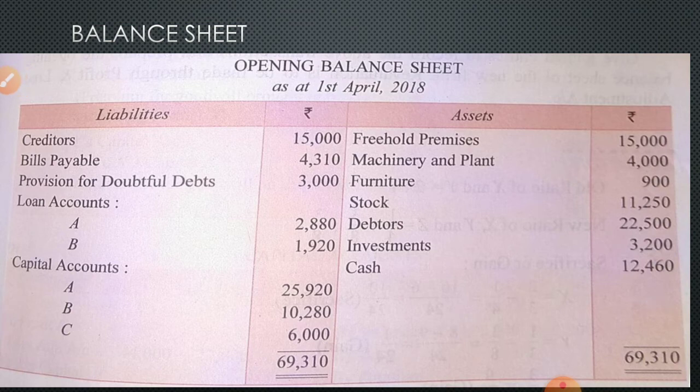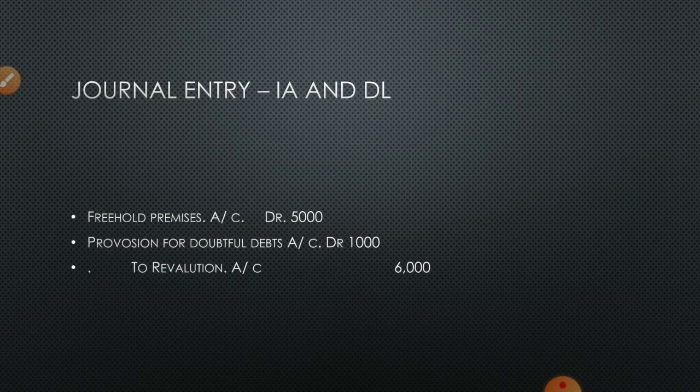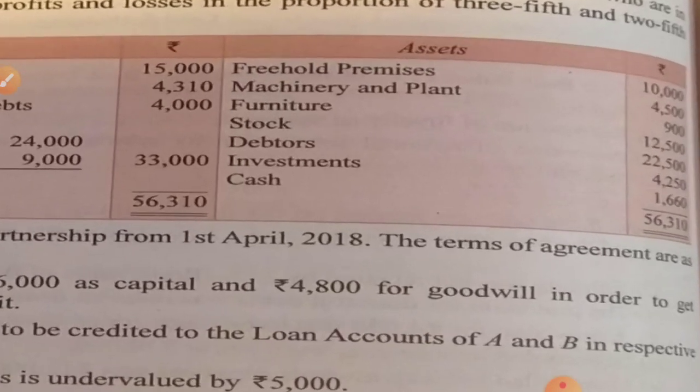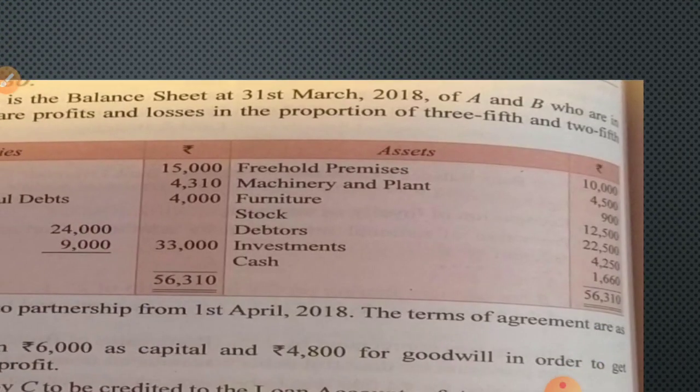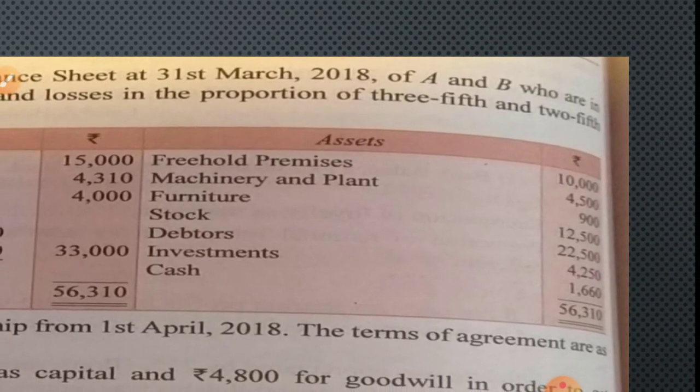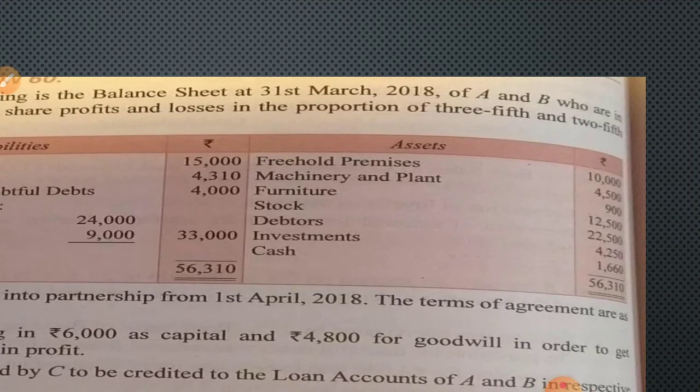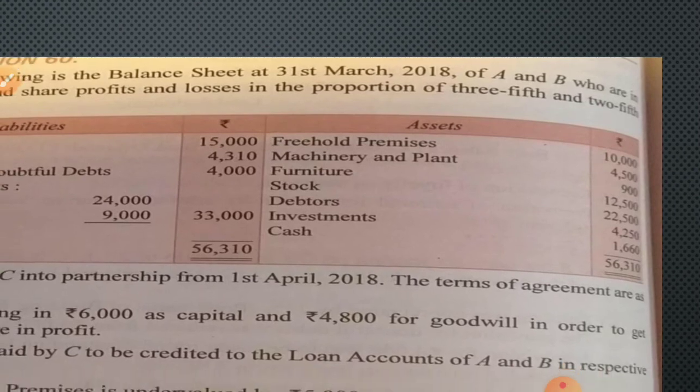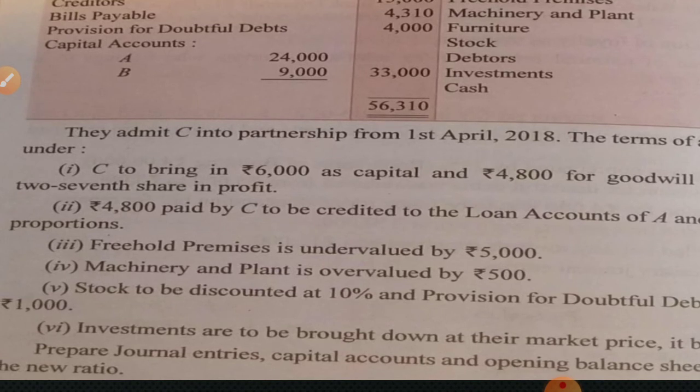Okay, now the balance sheet. In the balance sheet you have to put all the changed values. Whatever decreased, you minus, and any asset or liability that increased, you add and write. Only those changes you have to make. Now you see in the old balance sheet, let me show you the question. In this format itself we can write. The first item is freehold premises, 10,000. In the new balance sheet this 10,000 will not come because the freehold premises value has changed.